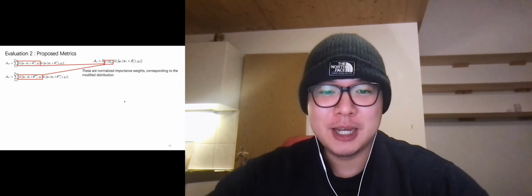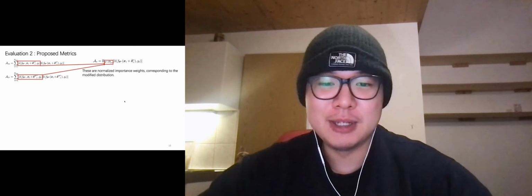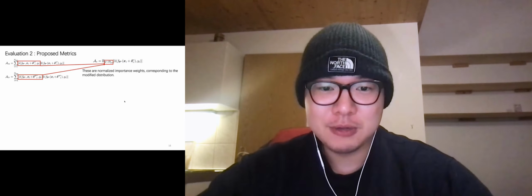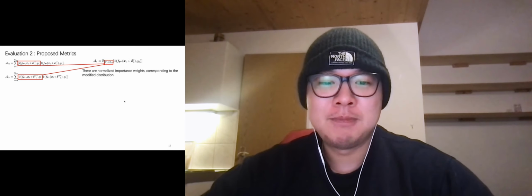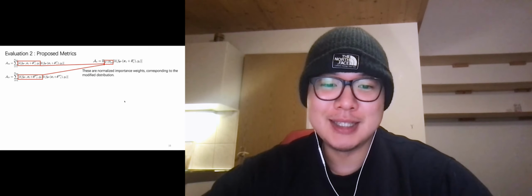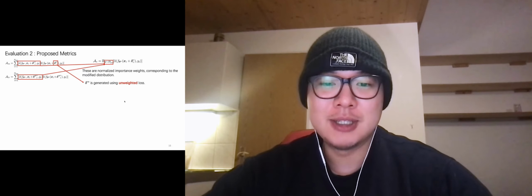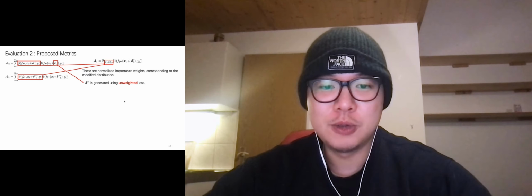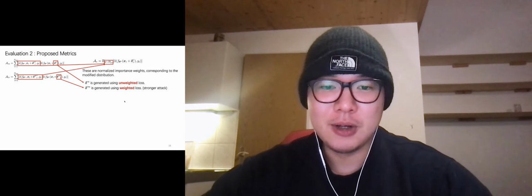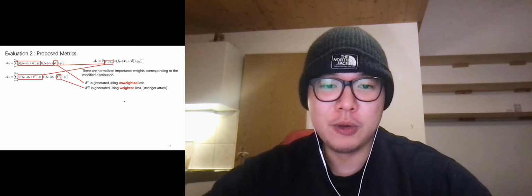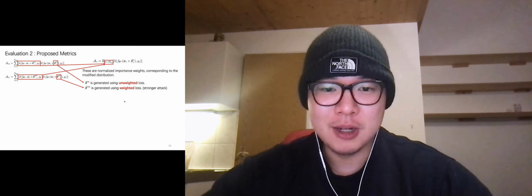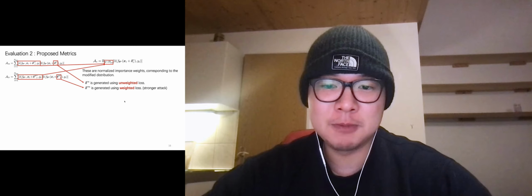Therefore, we are actually computing the expected accuracy over a non-uniform distribution. The major difference between these two metrics is that the optimal perturbations in the first case are found using unweighted loss, whereas the second one will use the weighted loss to compute the worst case perturbations.